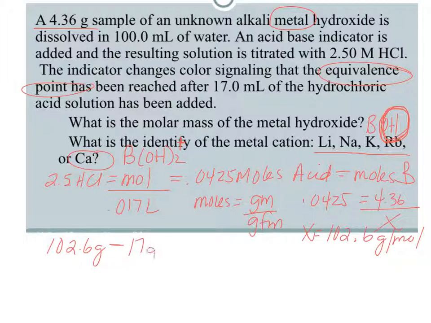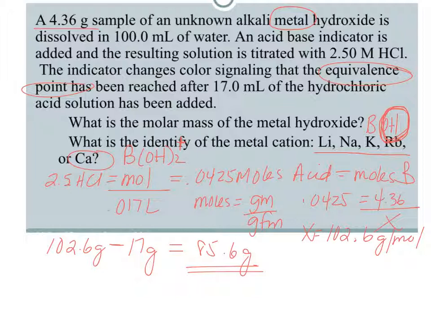So let's subtract 17 grams. That's going to give us 85.6 grams left. If I were to figure it out for Ca, I'd be subtracting 34 grams.